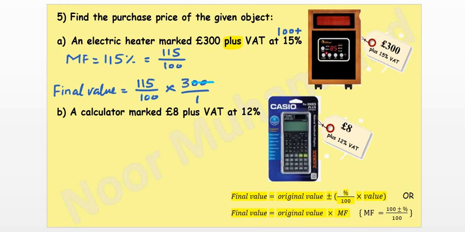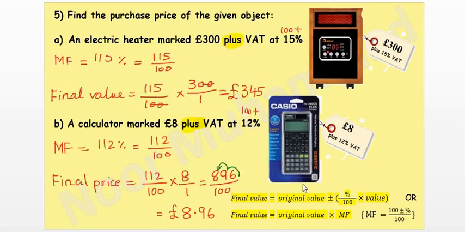Now multiply 115 by 3: 3 times 5 is 15, carry 1, and then 3 times 1 is 3, plus the carried 1 makes 4. So it's going to be 345 pounds, right? Now better pause the video here and solve this B part on your own.